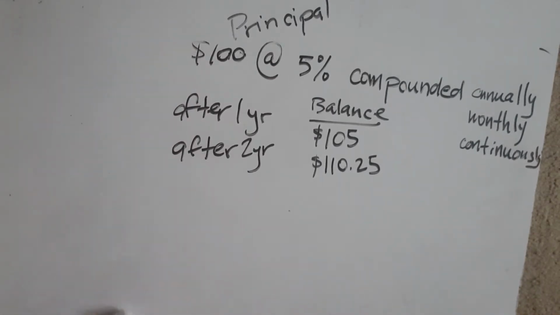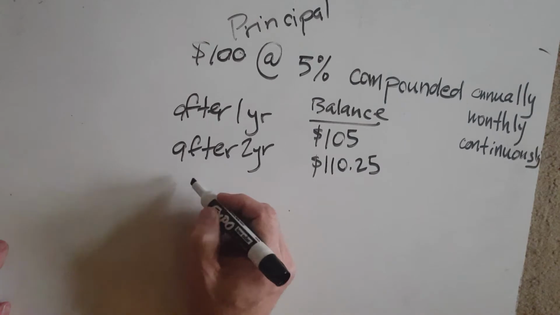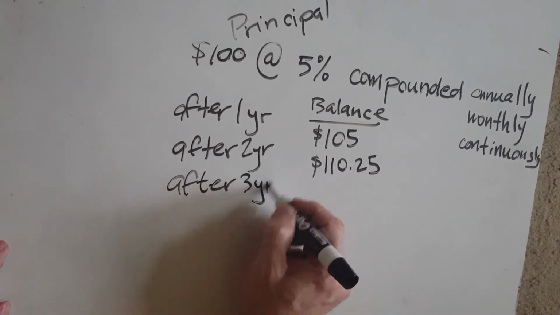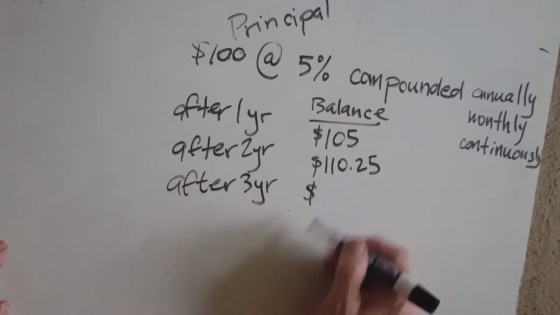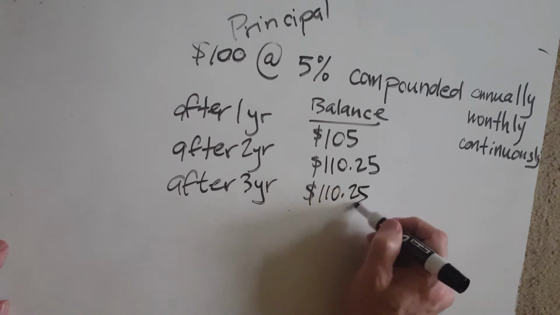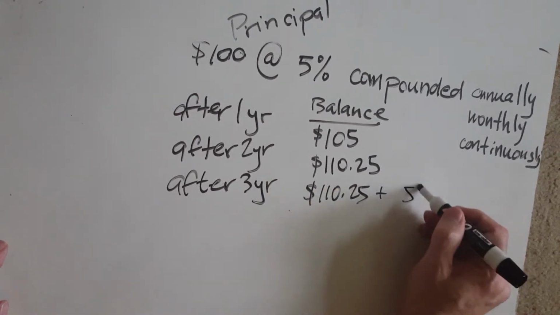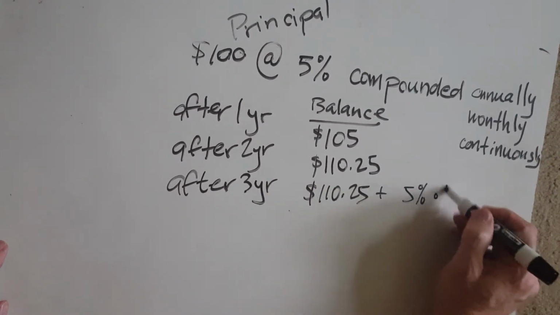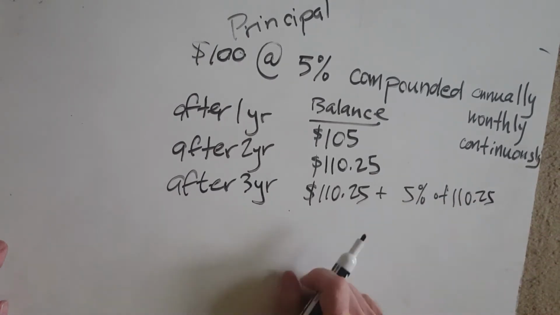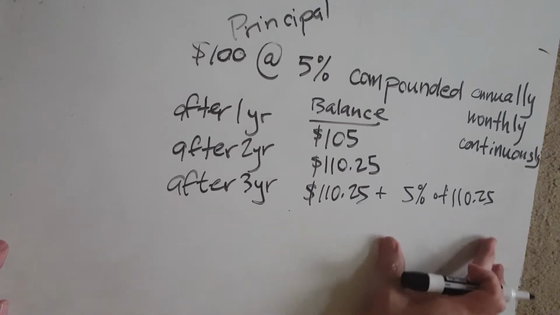Okay. So we could say what this would be after 3 years, but then the math gets nasty, because it's going to be $110.25 plus 5% of $110.25, right? So that math is long and painful, but that's what it would be.